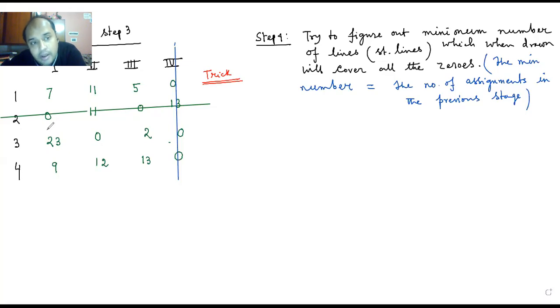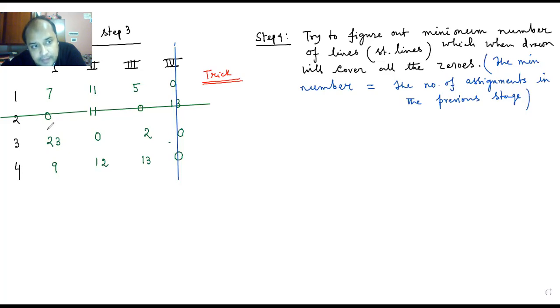This is the condition. If I try to draw a horizontal line through row number 3, that will also cover the 0.